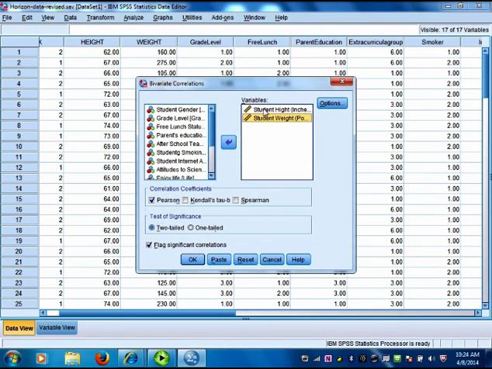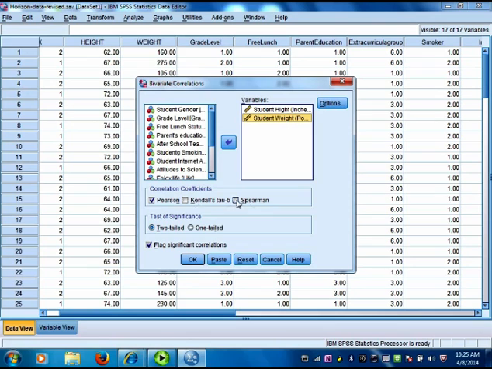If both of the correlation variables are continuous, ratio or interval variables, I will use Pearson correlation coefficient. You just click on Pearson, and this is the default. But if one is categorical and one is continuous, you can use Kendall's tau.